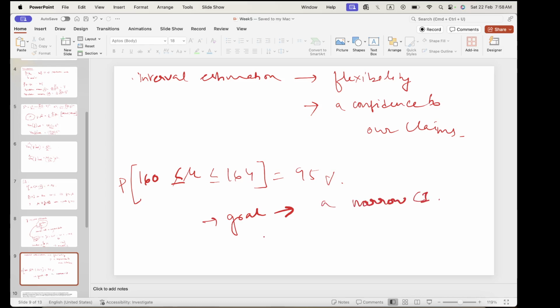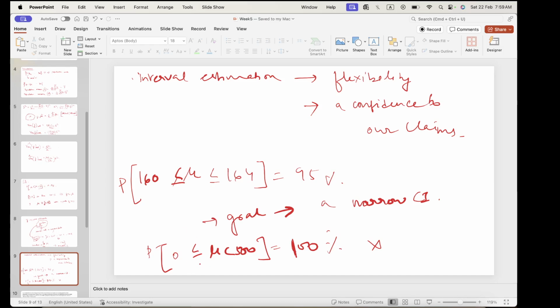Just imagine someone says they are 95% confident that this will lie between 160 and 164, and somebody else says they are 100% confident that the height will be greater than 0 and less than 500 centimeters. Even though that confidence is high, I am not going to support the second person, because that is a given.